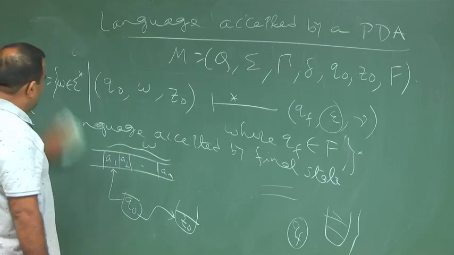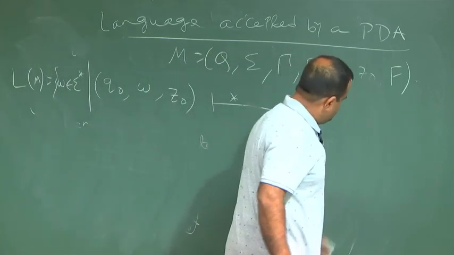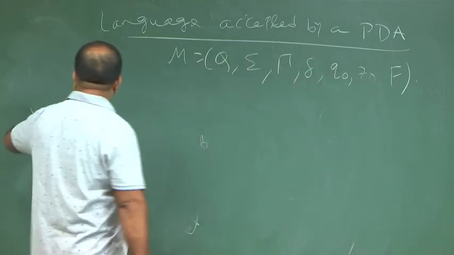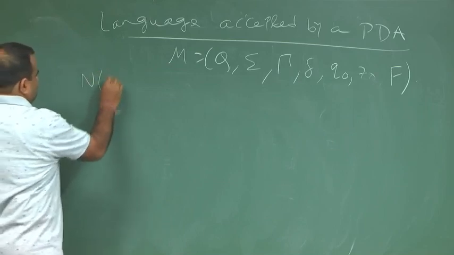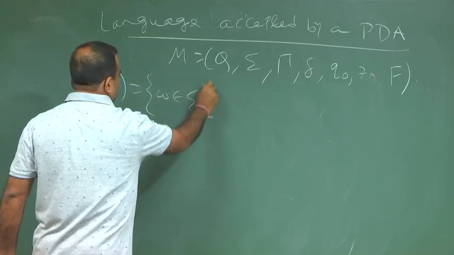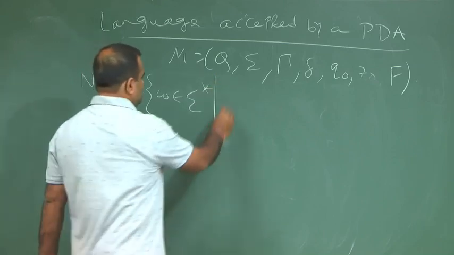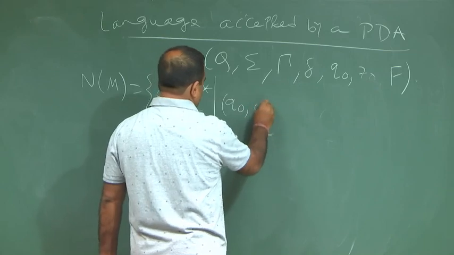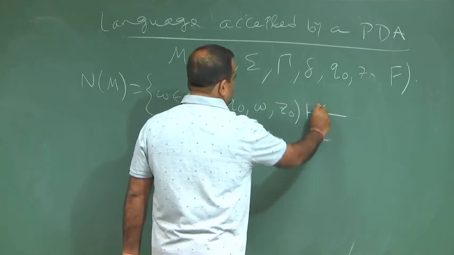So, now we define the language accepted by the empty stack, so we must empty the stack. That is defined as N of M. This is the set of all strings of input such that starting with Q0 with this W and Z0, it must go to epsilon and this is also epsilon, for any state.